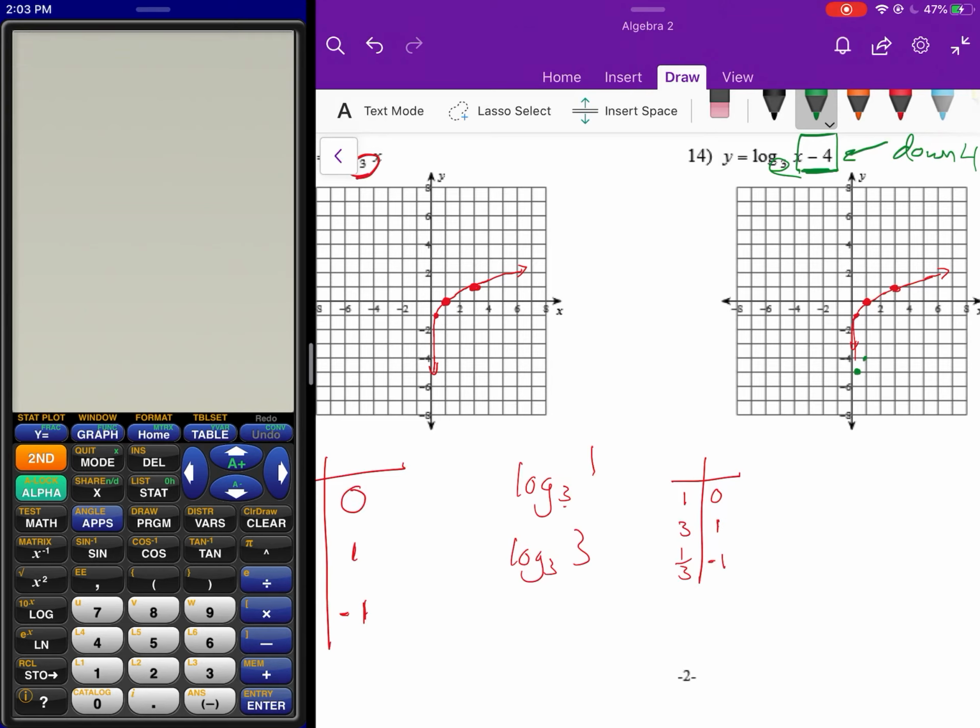This one moves down 4, and this point moves down 4, so it will be there. When we move everything down, this vertical asymptote does not move. It's still the y-axis. So that green graph is a sketch of the function y equals log base 3 of x minus 4.